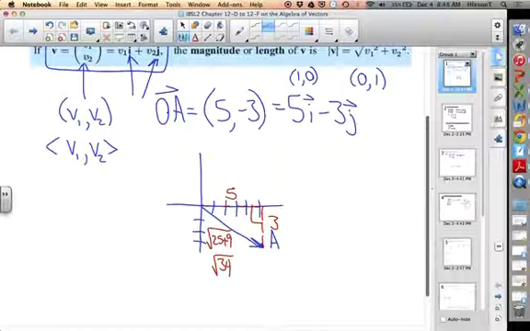That will help us later on because our magnitudes are actually used in the formula to find the angle between two vectors. We use the magnitudes, we also use a dot product, which we'll talk about, I believe, tomorrow.